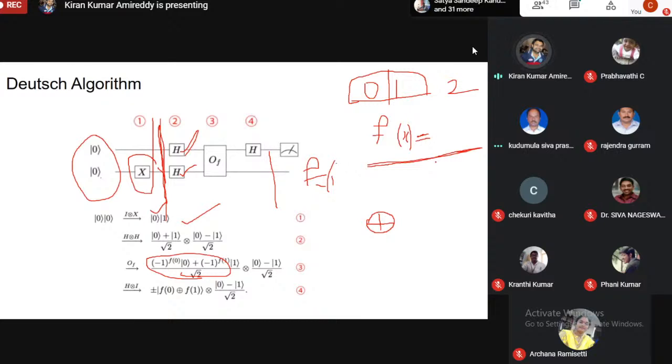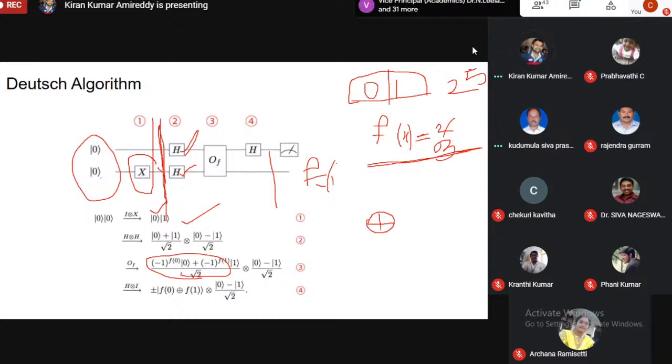Suppose we have 5 possibilities for the output, and sometimes we get 2 and in some other case something else, that means an unbalanced function.